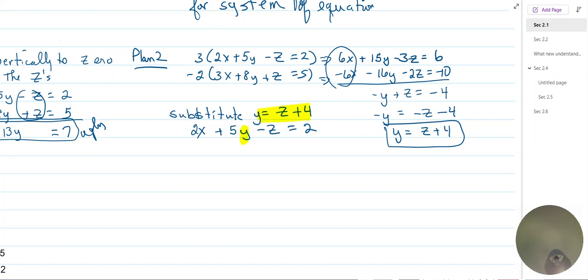Here we go. A little more involved. I'm going to do distributive property. I'm going to combine like terms.